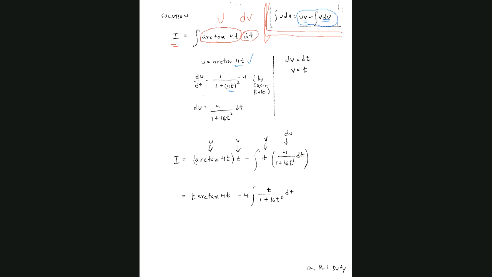But then by the chain rule, you have to take the derivative of the 4t, and that gets you a 4. So du will equal 4 over 1 plus 16t squared dt. On the other hand, dv equals dt, which means v would have to equal t.